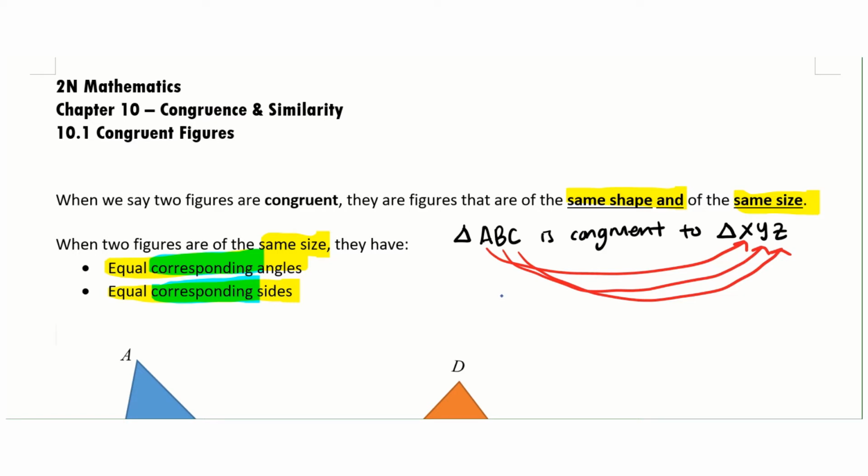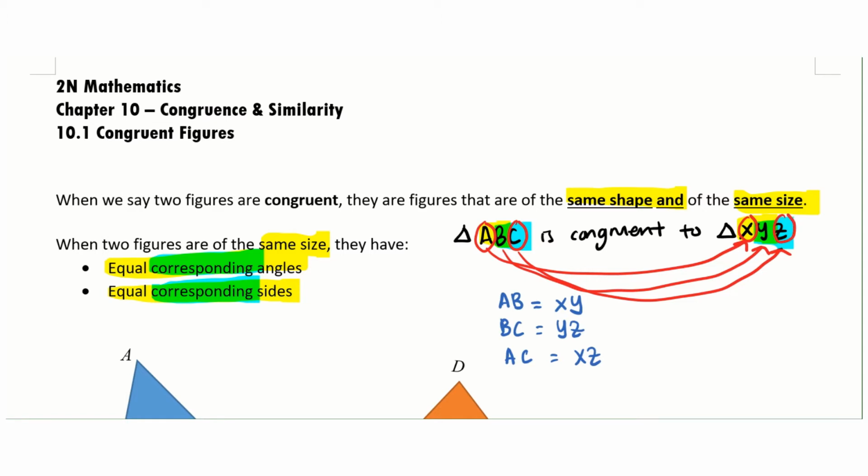The length of AB is equal to the length of XY, because of A, B and X, Y. Then I can also say that BC is equal to YZ, and also AC is equal to XZ.